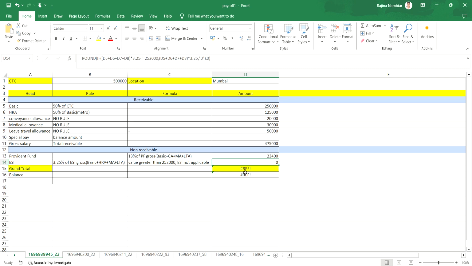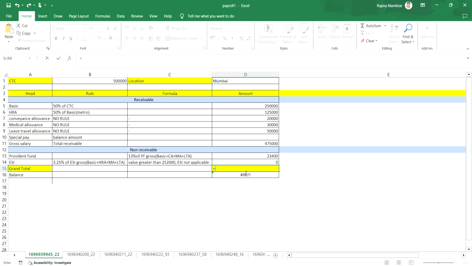Now you take a grand total of all these things. So grand total is equal to the sum of basic plus HRA plus this plus that. No, we'll have to do it separately. One second.